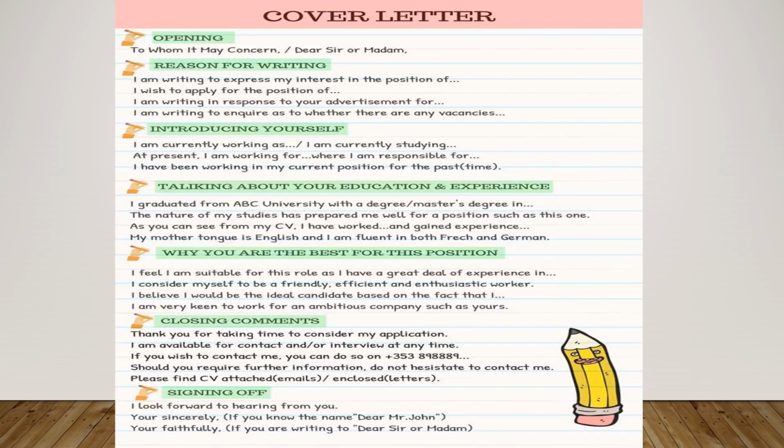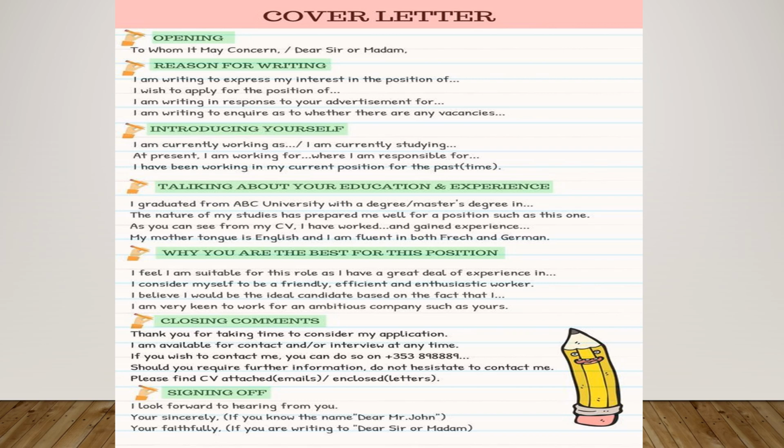Save this slide for your future reference also: how you should start a cover letter, the reason for writing, how you should introduce yourself. I'm currently doing so and so. That should all be included in the cover letter. You'll start by saying I'm writing to express, or I'm writing to apply for the post of assistant professor in physics in Ansar Women's College.